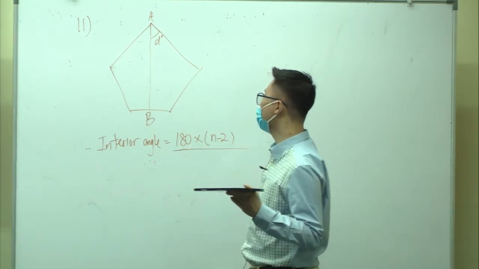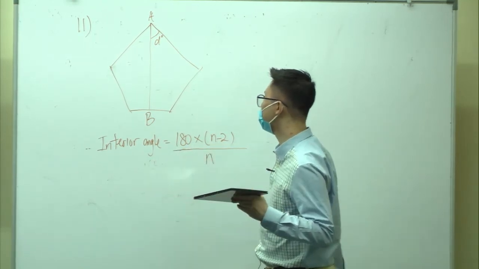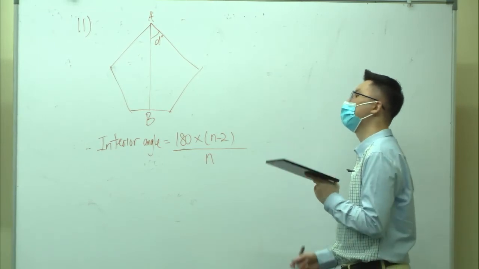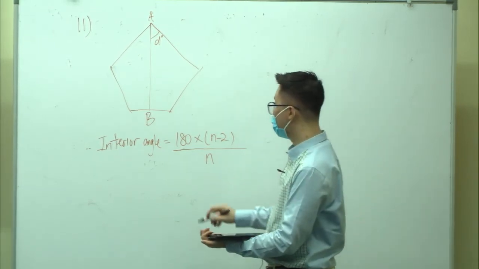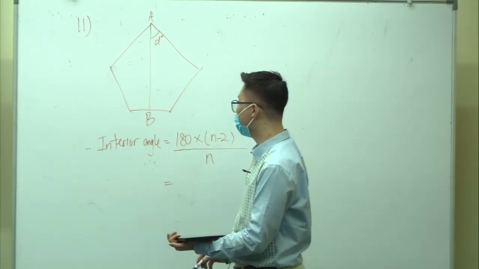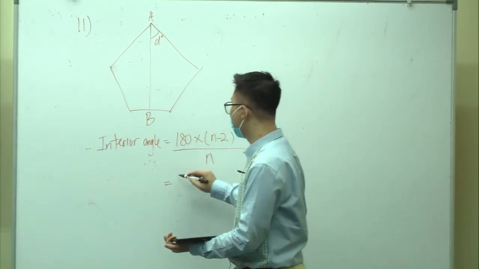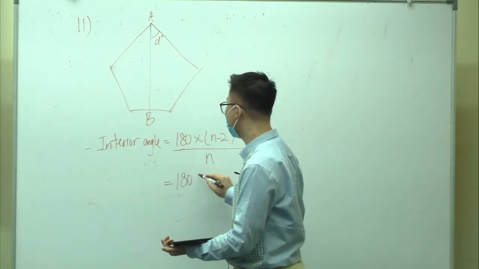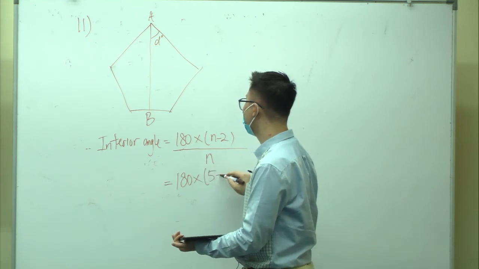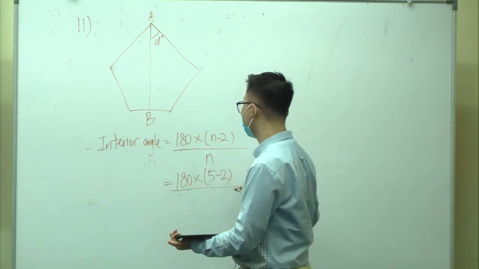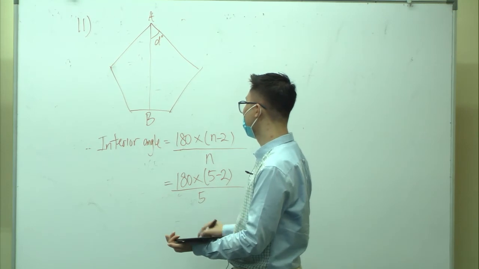In order to get the interior angle, you need to divide by n. The n is just the number of sides of this polygon. That will be 5. So 180 times 5 minus 2, over 5 again, right?